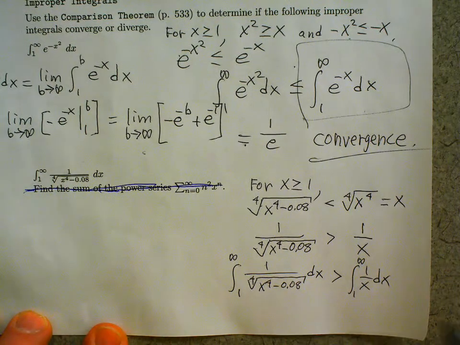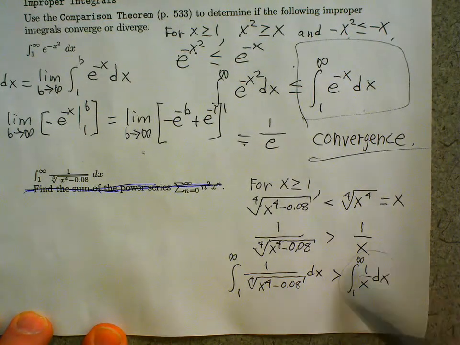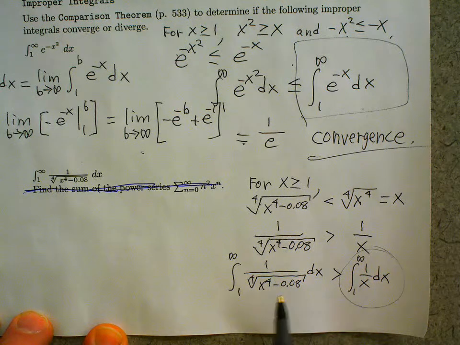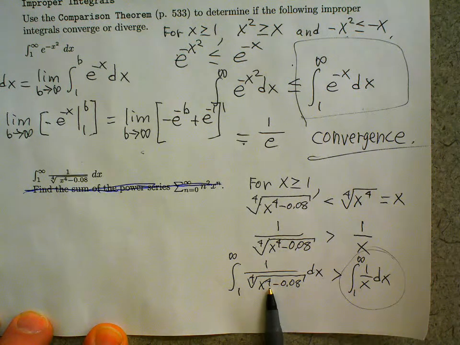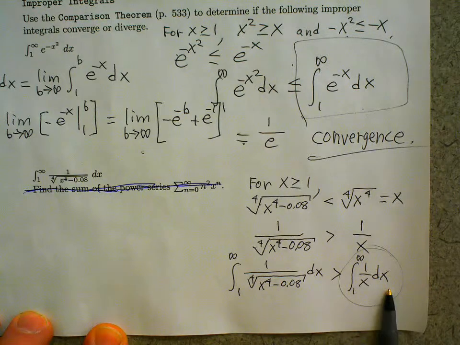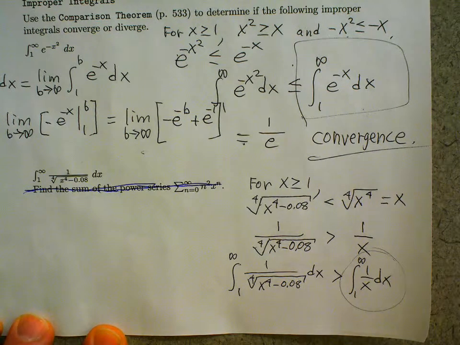So if we can show that the improper integral of 1 over x from 1 to infinity diverges, then this other improper integral must also diverge, since it has to be greater than infinity, so to speak.